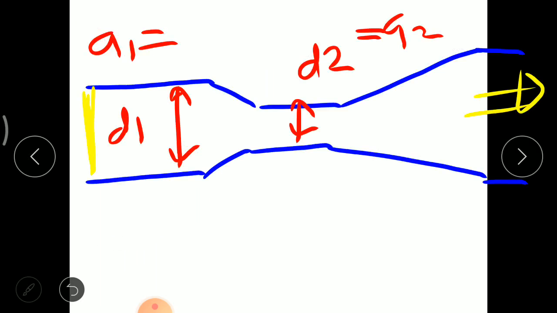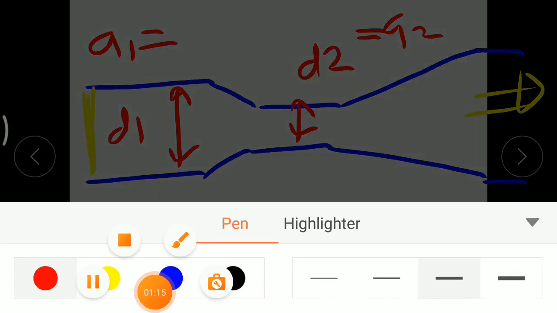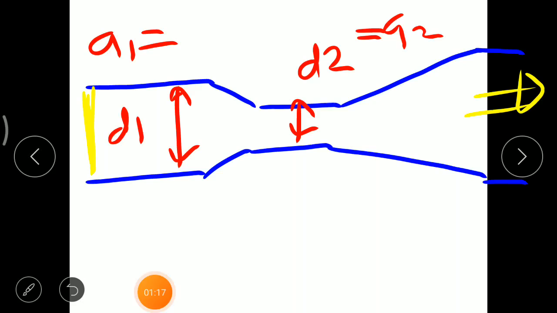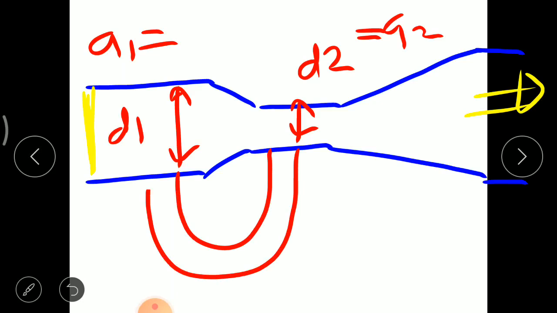Now we will draw the remaining part of the venturimeter, that is the U-tube manometer. This U-tube manometer is connected at one point to the pipe of the venturimeter, or we can call it the inlet section, and the second connection is at the throat section.